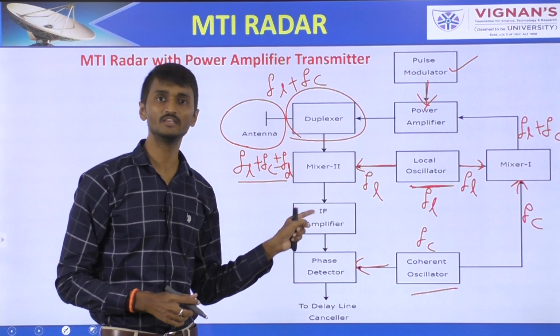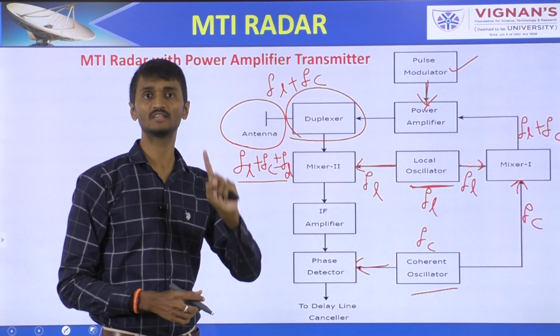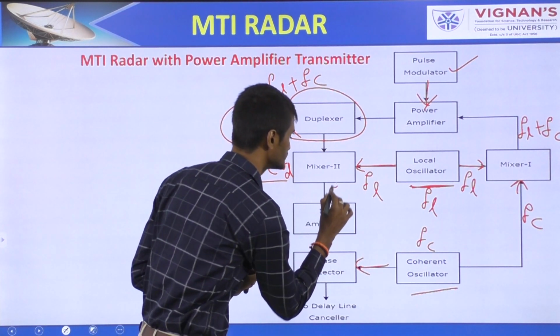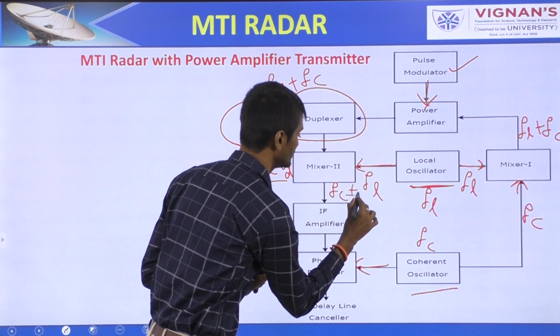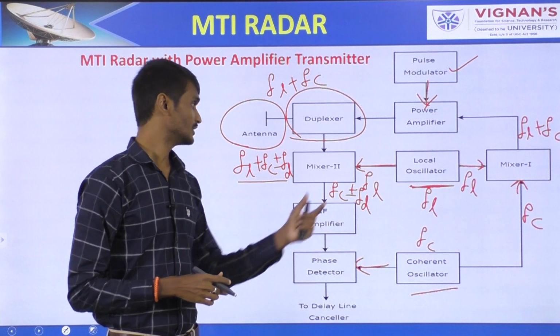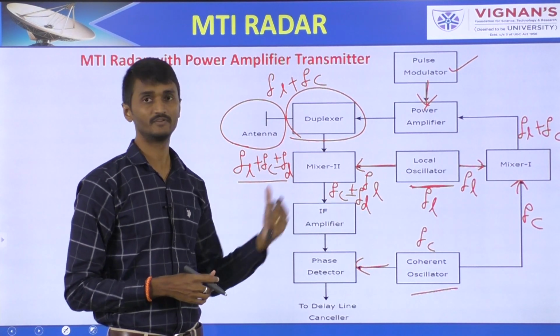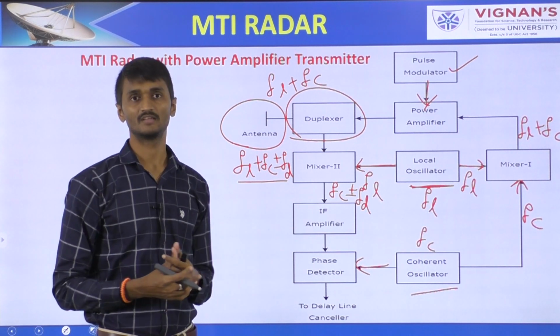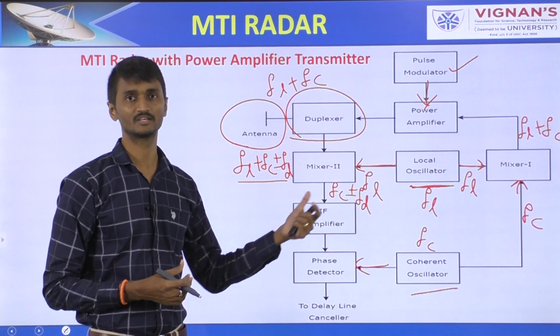Here mixer 2 is used for producing the output which has the frequency FC plus or minus FD. So to eliminate the local oscillator frequency applied here, we are getting FC plus or minus FD. That is the output of mixer 2.